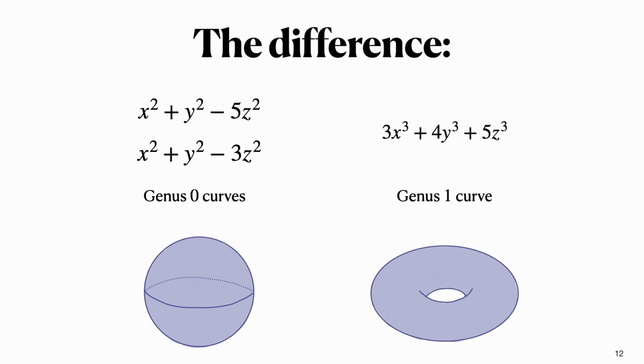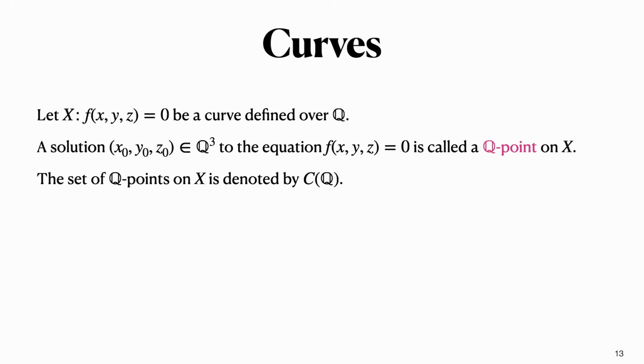OK, so I don't want to get to too many definitions, but I just want to set some notation. So for me, a curve is going to be defined by a homogeneous polynomial. Ooh, I didn't write that. A homogeneous polynomial f in x, y, and z. And I'm going to define everything over Q. A lot of the things that I'm going to talk about can be generalized to other fields, but I just want to focus on Q right now.